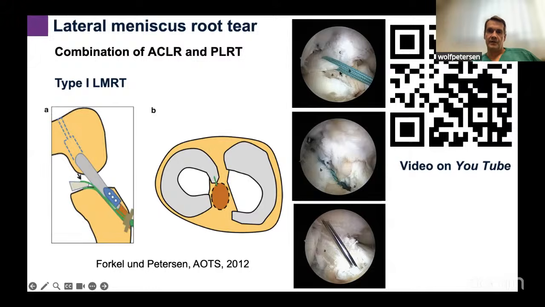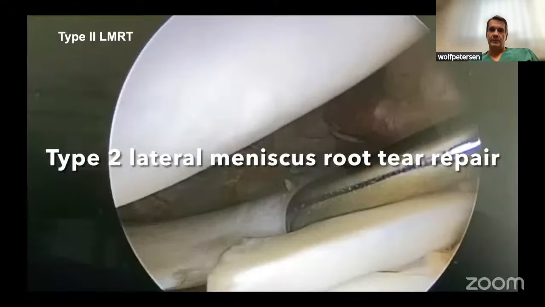With this technique I can reduce the root tear. Here is the insertion zone, and the meniscus can heal to the insertion zone. This technique works very well, and it's not as complicated as when you drill a second tunnel, where the risk of tunnel confluence is pretty high. So this is definitely my preferred technique.